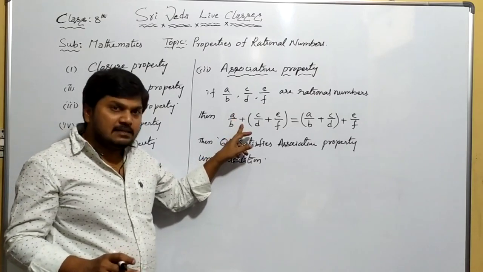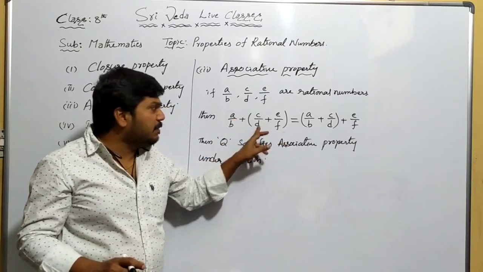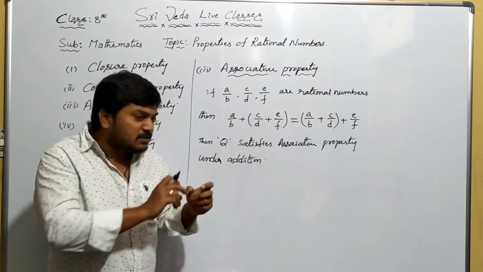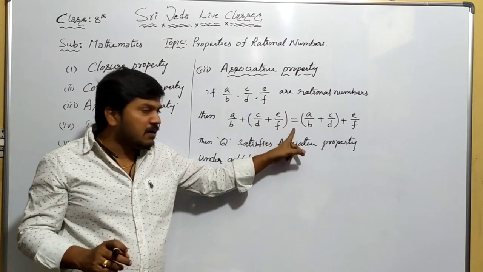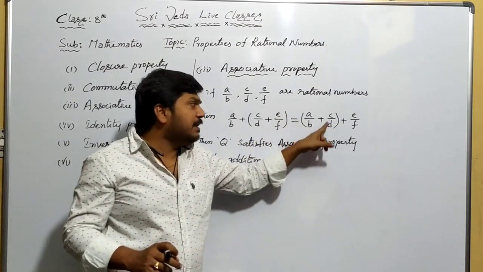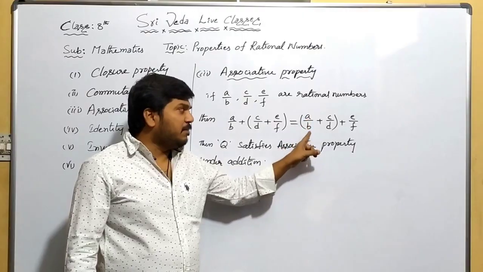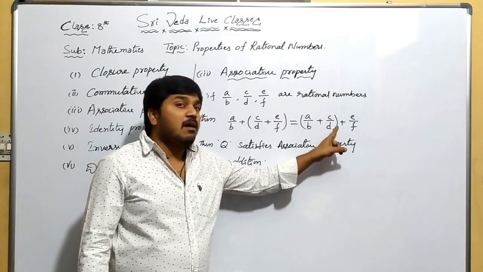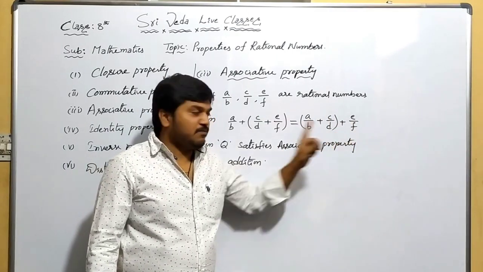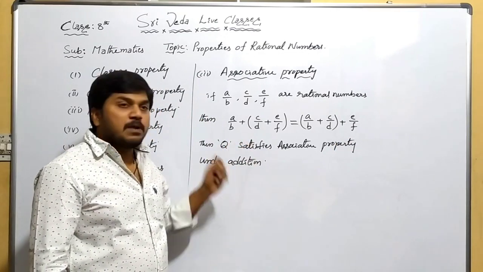A by B plus of C by D plus E by F. C by D plus E by F means within we need to keep it in the bracket, equal to A by B plus C by D of plus E by F. So that means this satisfies the associative property.